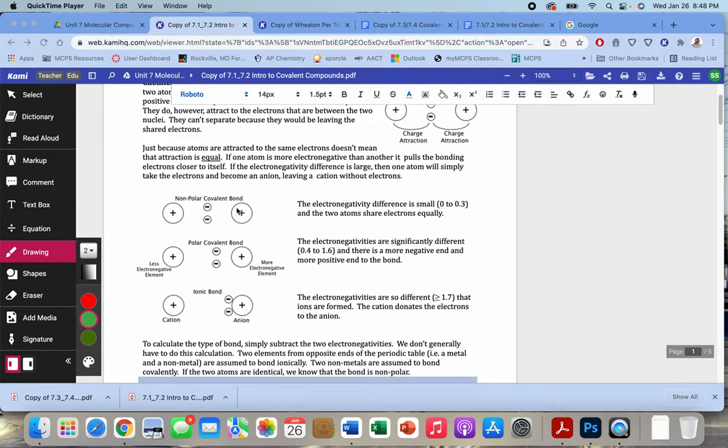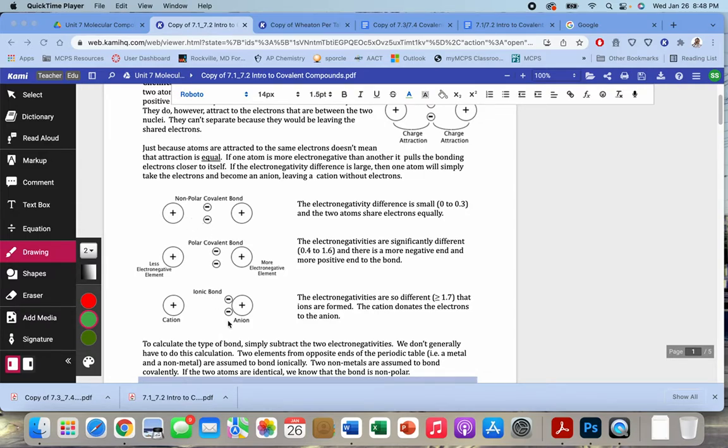And so if they're both attracted to the same set of electrons, or kids in this case, if we're talking about using my horrible divorce analogy, if there's an attraction from one atom to the shared electrons and the other atom to the same shared electrons, then they're attracted to each other.